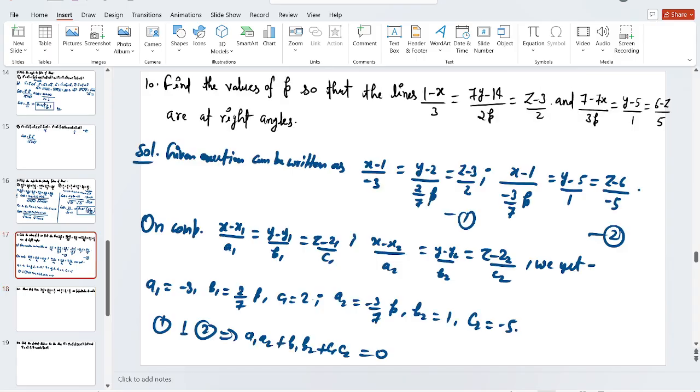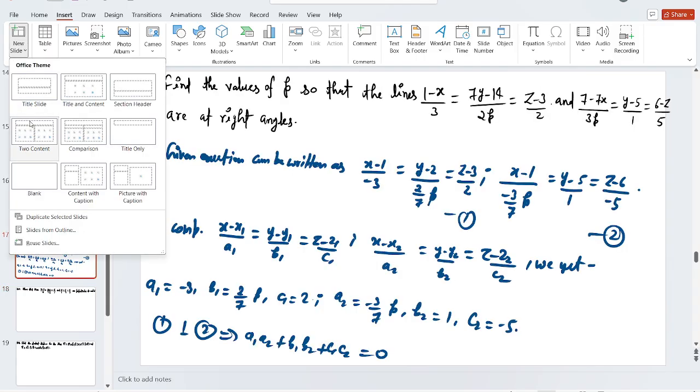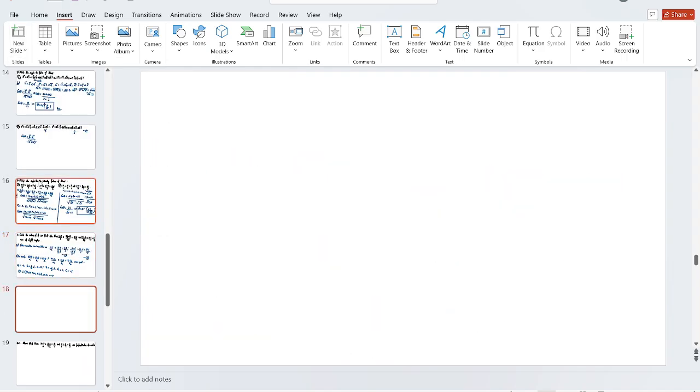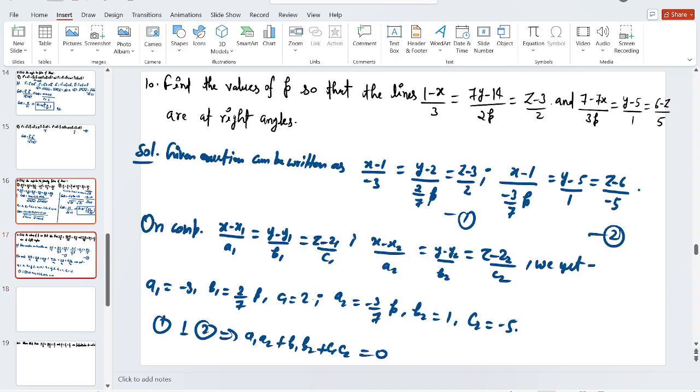So using this formula here, a1 equal to minus 3 and a2 equal to minus 3 by 7 p.